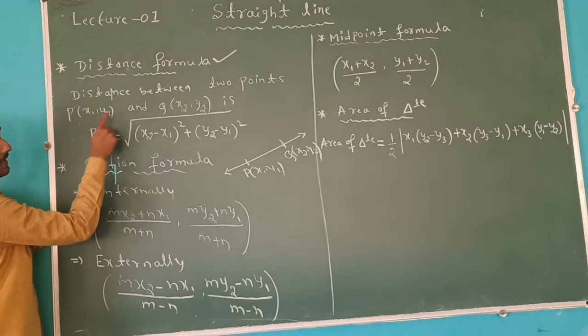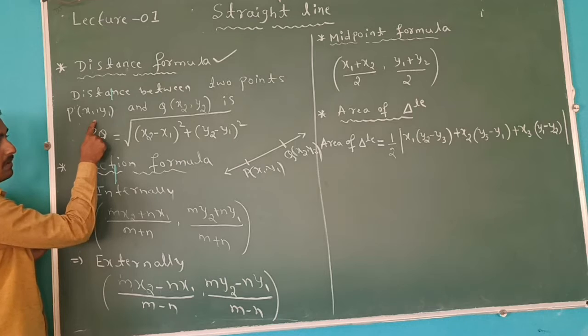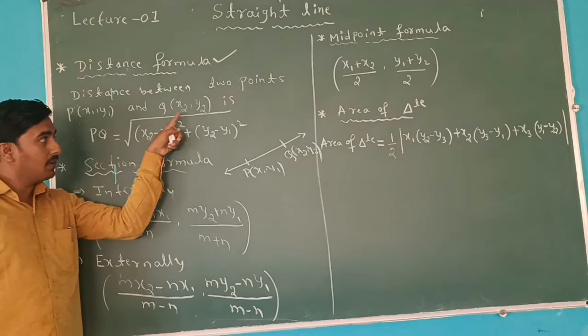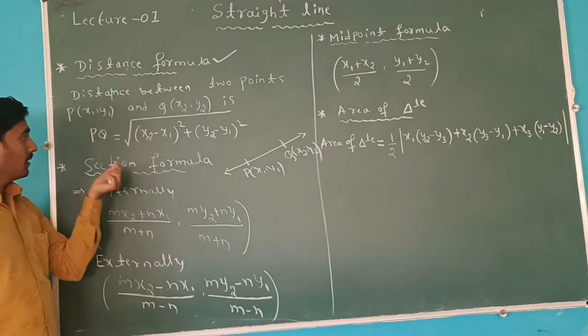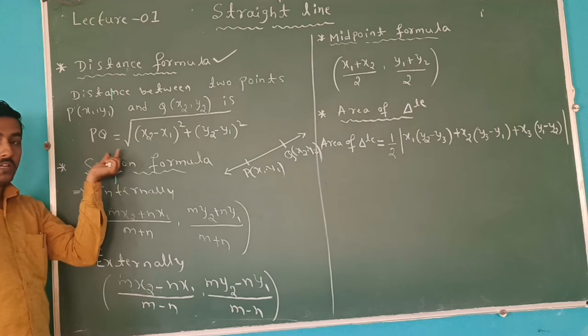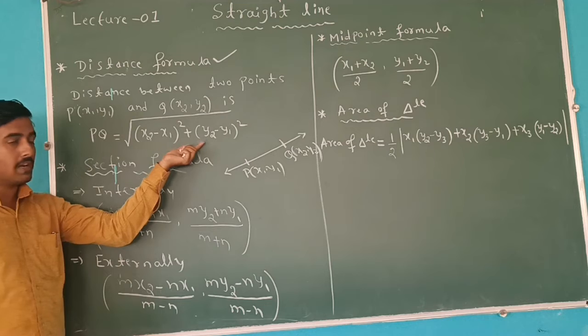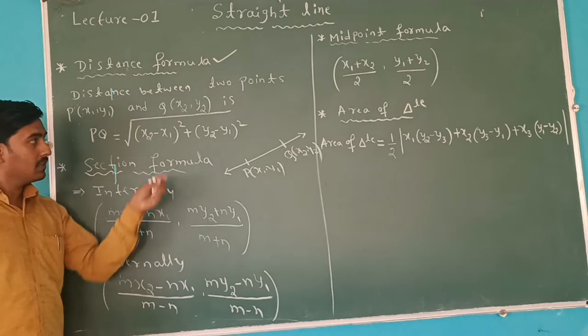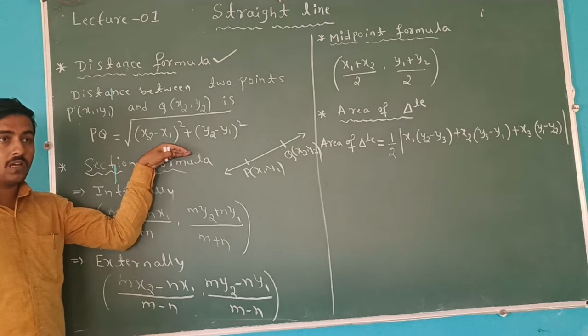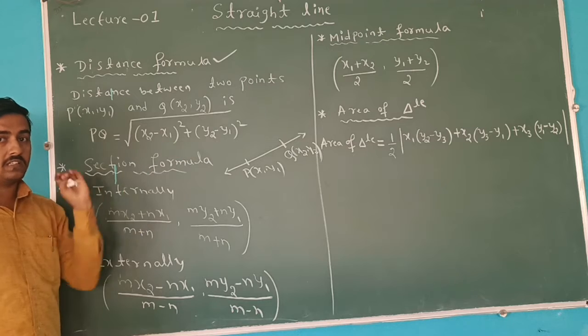Distance between 2 points P of x1, y1 and Q of x2, y2 is PQ equal to square root of (x2 minus x1) whole square plus (y2 minus y1) whole square.